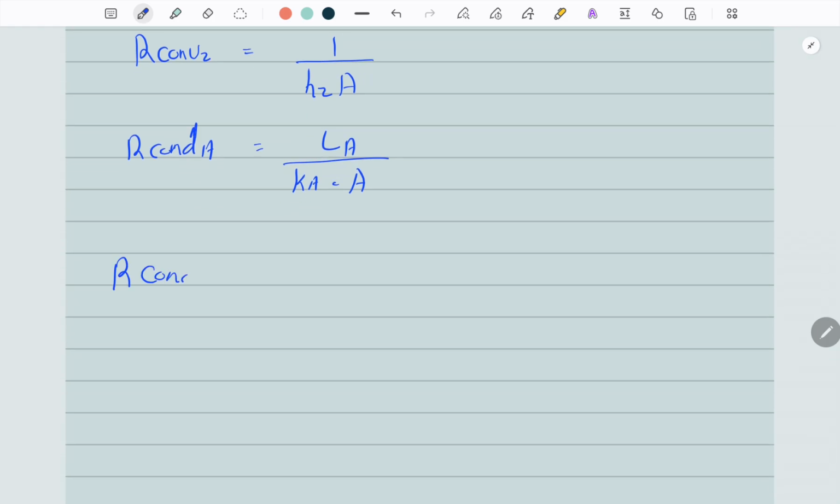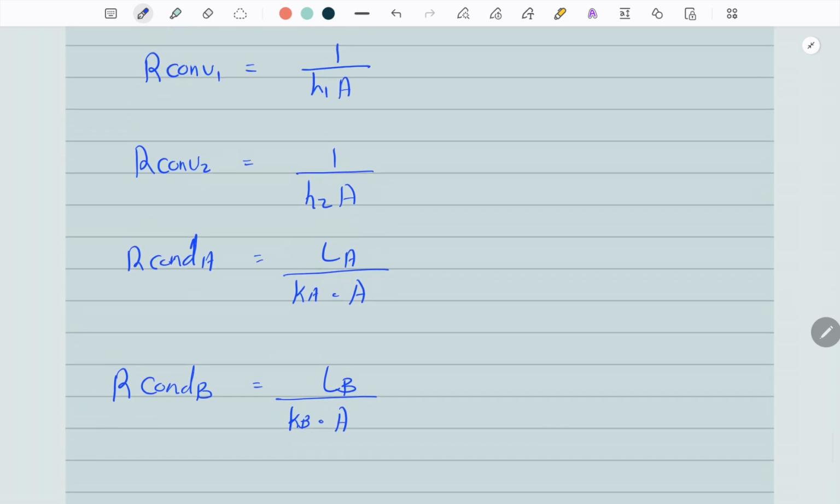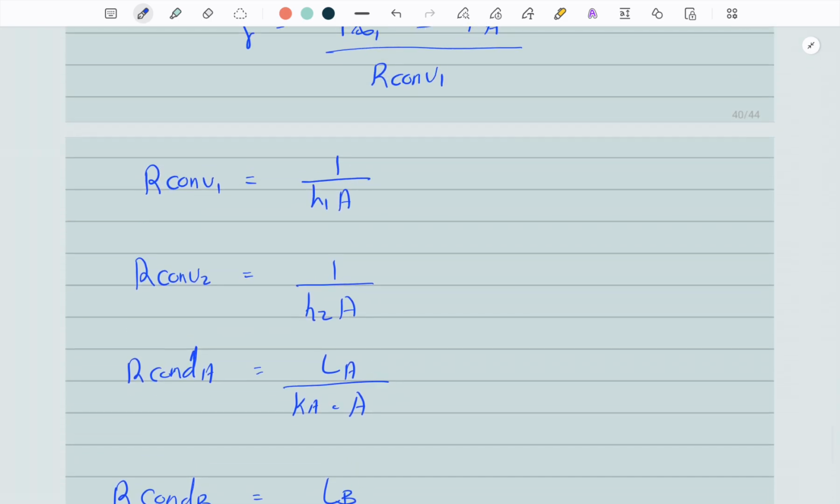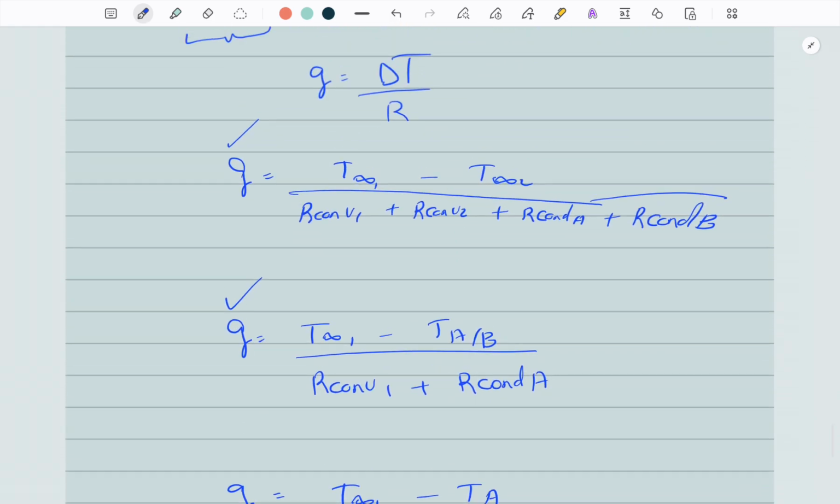And R conduction B equals LB divided by KB times A. And those are the values for each one of your resistances.